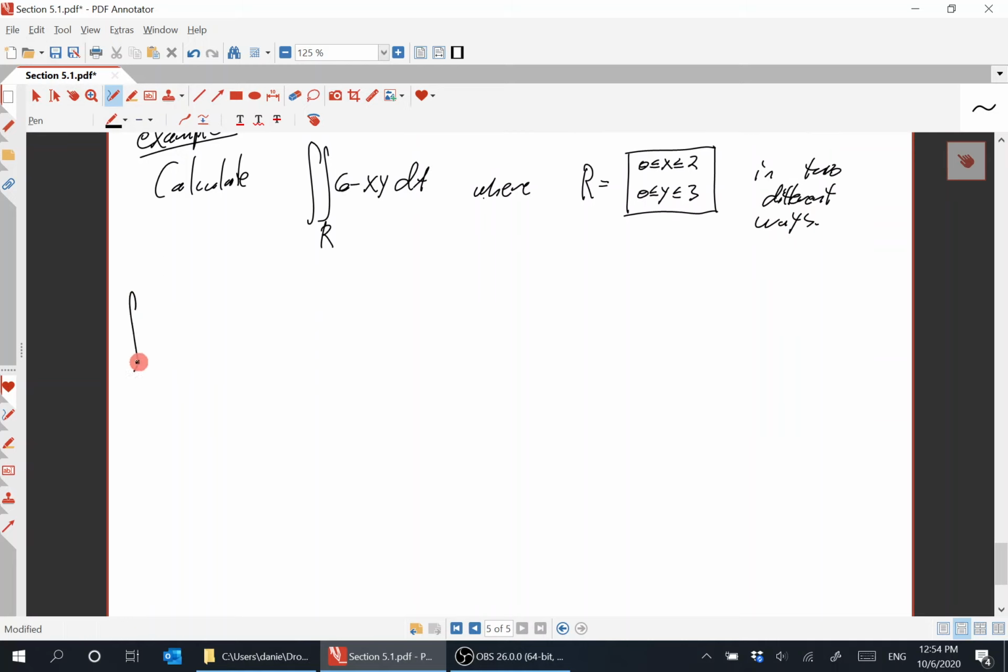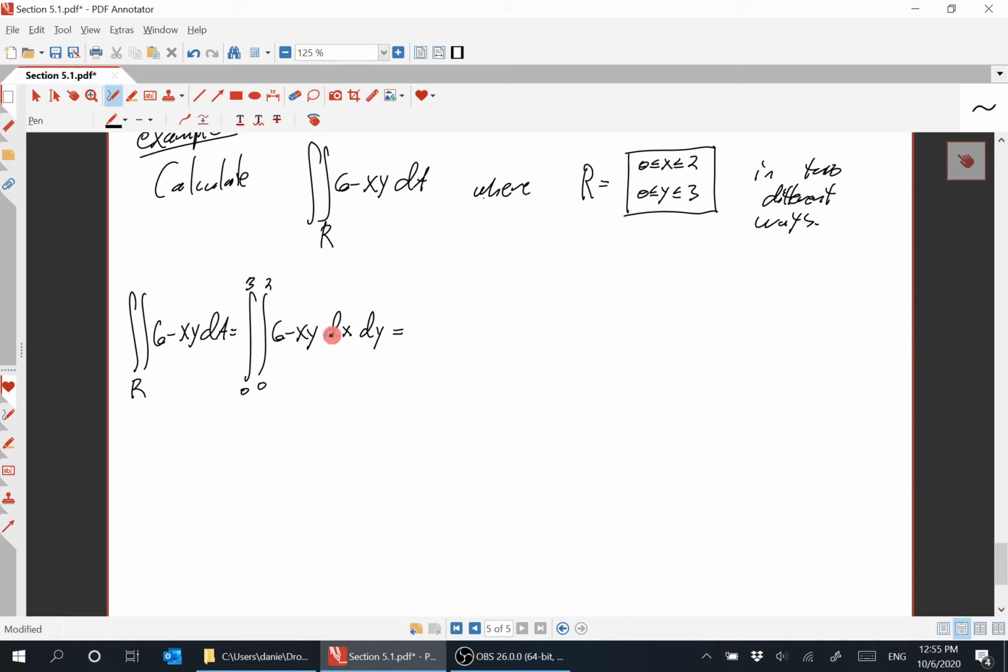Okay, so the first way, the double integral over R of 6 minus xy dA, is equal to, so first let's integrate x and then y. 6 minus xy dx dy. First we do an antiderivative with respect to x, where y is considered to be a constant.